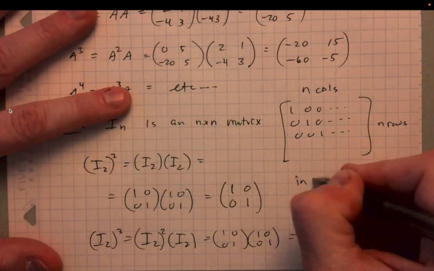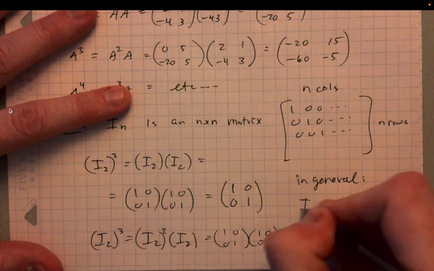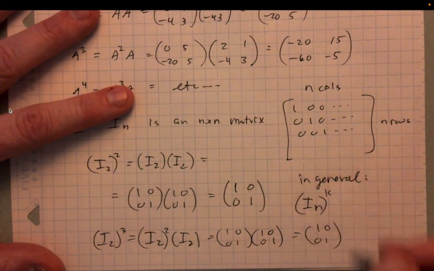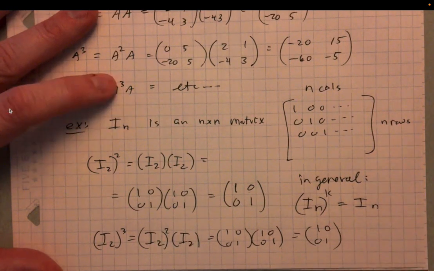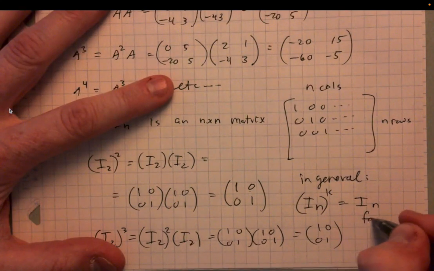In general, if I'm dealing with the nth identity matrix raised to the kth power, it's equal to the nth identity matrix, for all k.